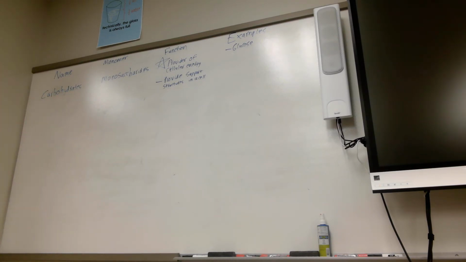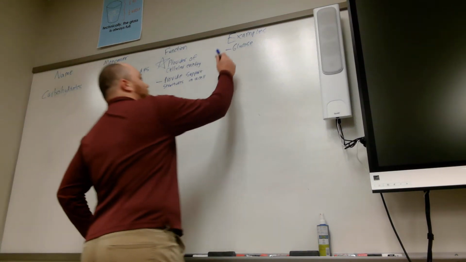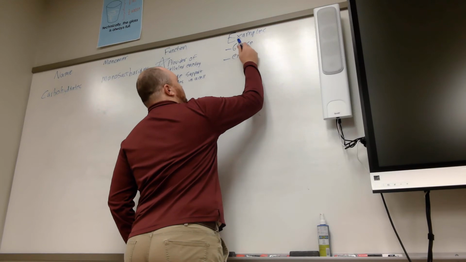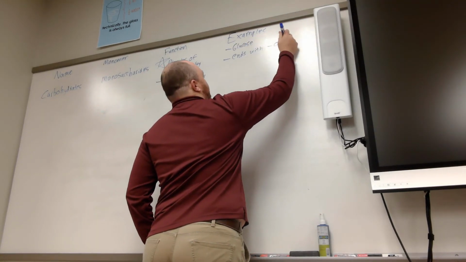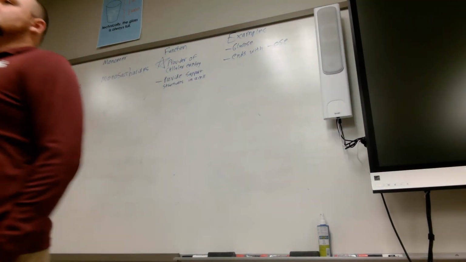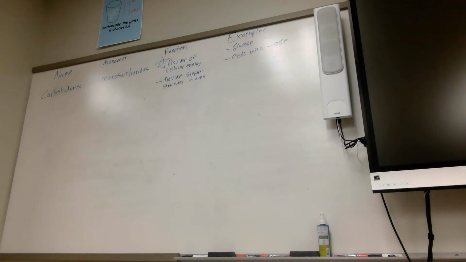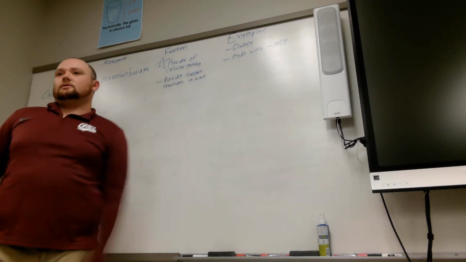Anybody think of any other ones? Little hint, anything that ends with ose. Okay, glucose, sucrose, fructose, dextrose, maltose, all sugars, all carbohydrates. Okay, if it ends in ose, it's a carb.